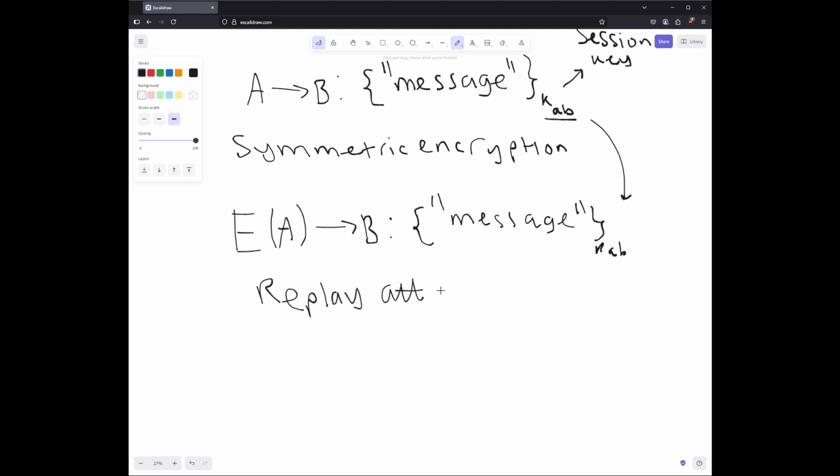So with this replay attack, we send a message that's already been sent to the intended recipient, but if we can intercept this, as long as there's no other way of verifying, we can act as if we're the sender.